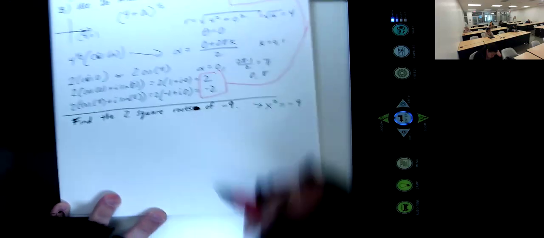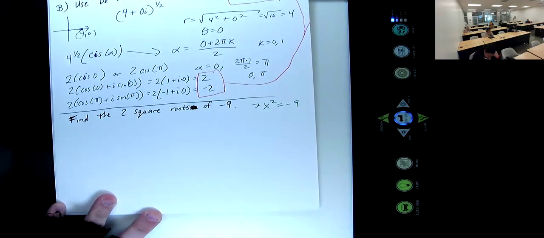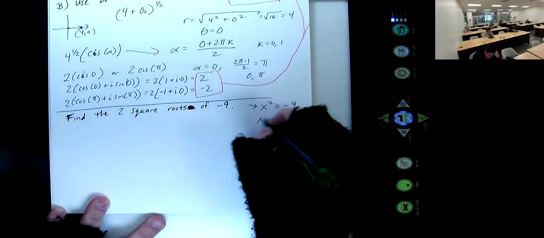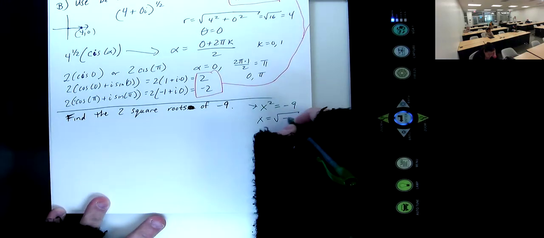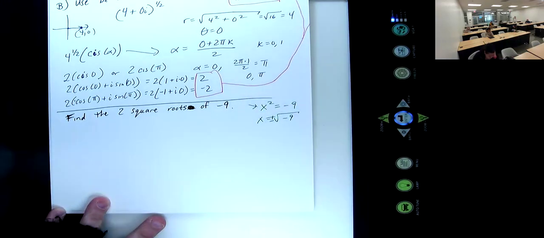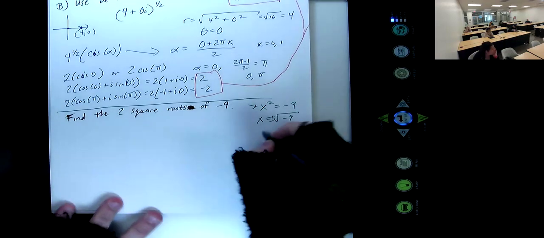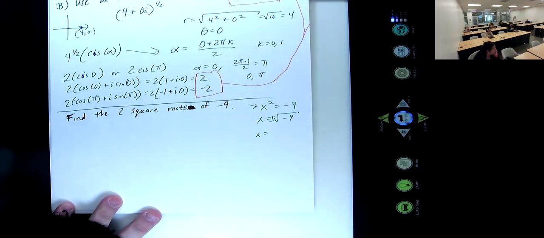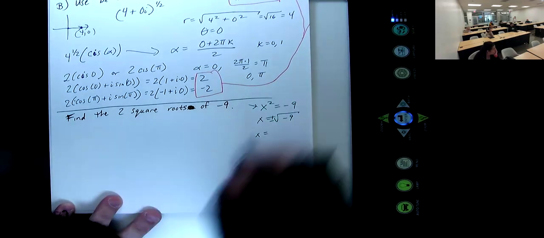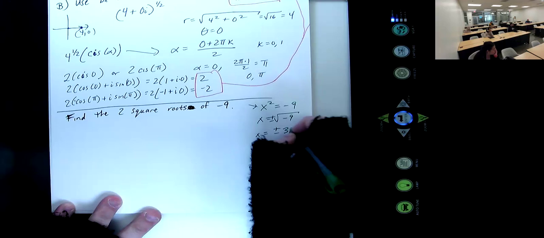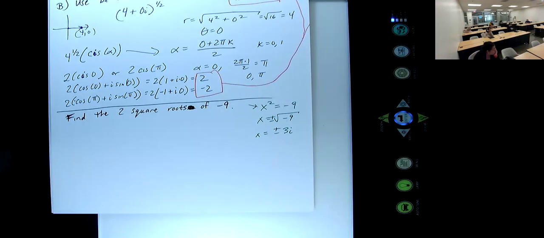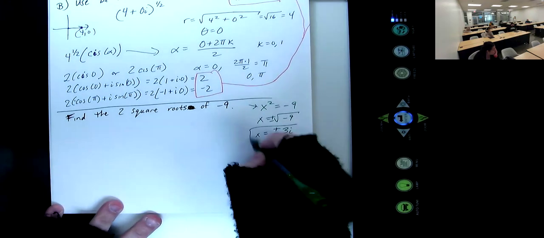What do we get algebraically? What is that? It has a value. Yeah, plus or minus 3i. So that's what we're aiming for, that's what we hopefully get here.